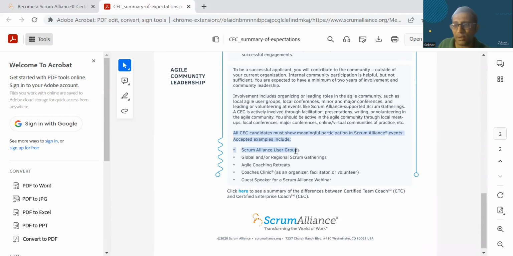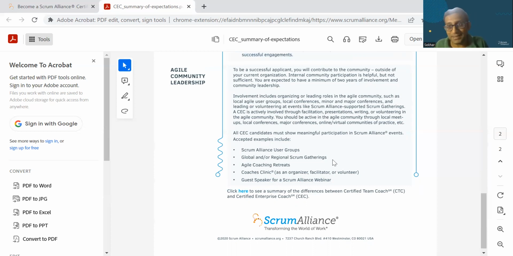Any of these: Scrum-aligned user groups, global or regional gatherings, agile coaching retreats, coaches clinic, guest speaker. There are so many community events where you have to demonstrate leadership. And this is one area where people say, hey, you know what, I have everything, but I'm not a social person. No, that's probably not going to work for a CEC candidate.